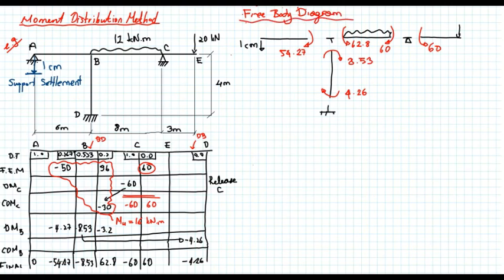Now by using that we can draw the moment diagram. So the moment diagram will look like this: the sign convention plus. So these are the directions that I choose to be positive.